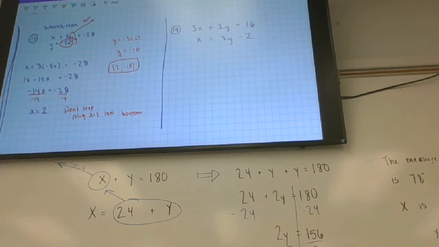You don't have to do 11. Oh, okay. These ones are supposed to add down. Yes, elimination. Elimination means add down.